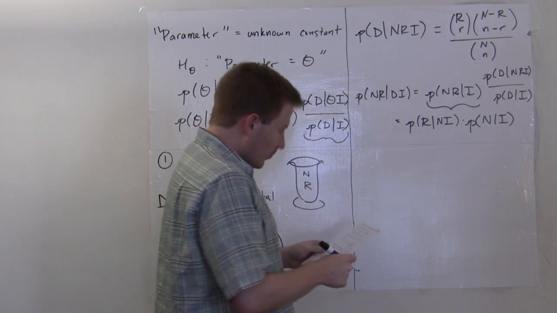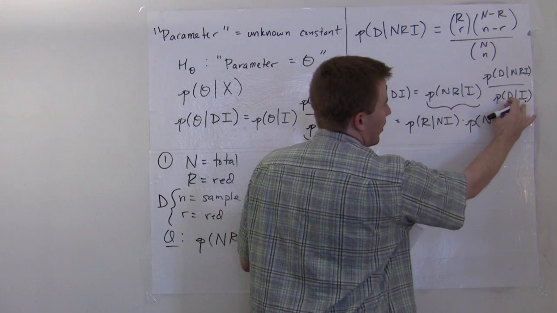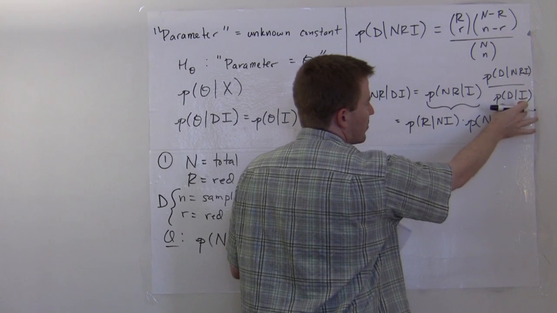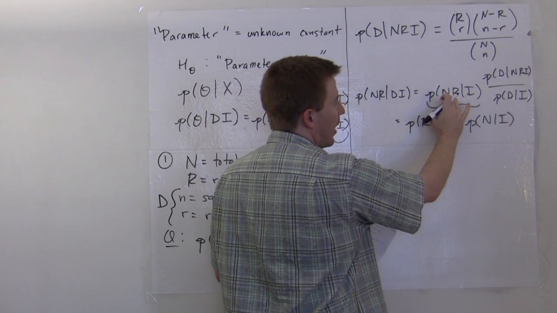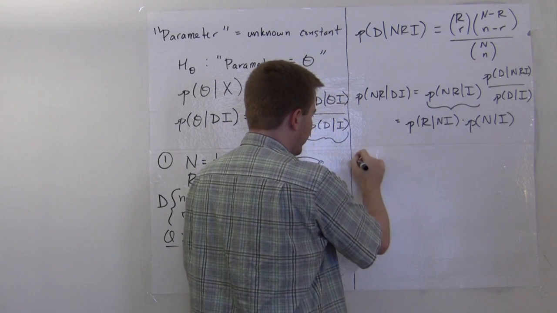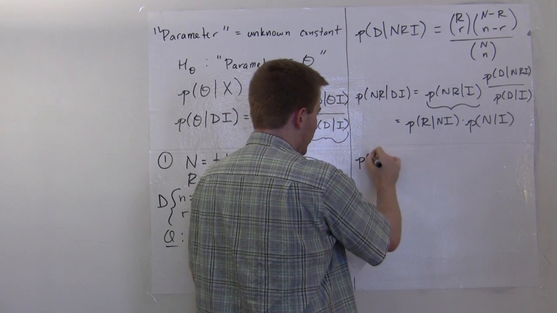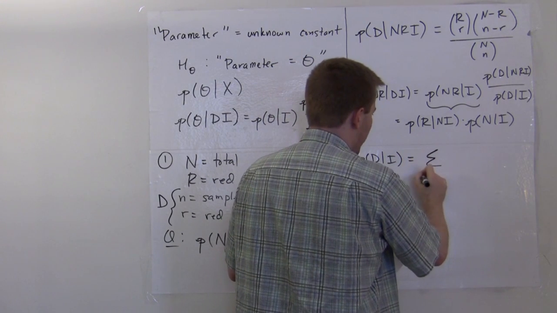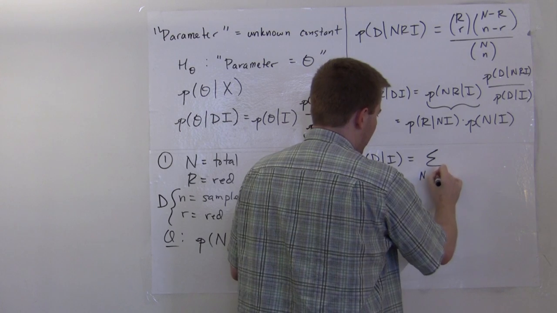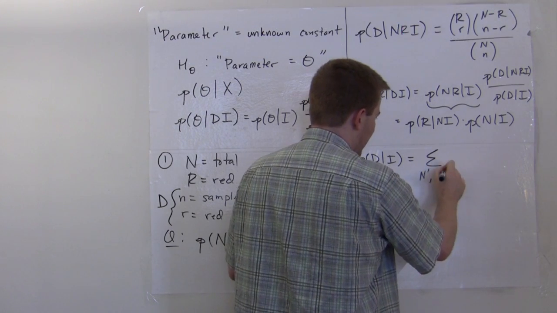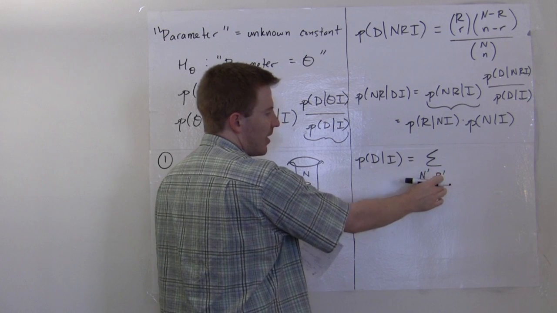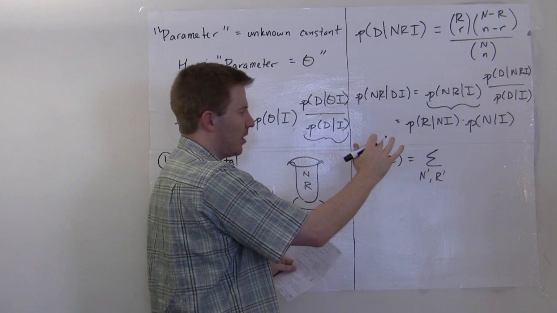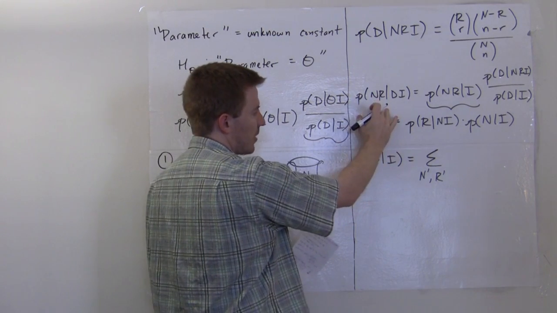Similarly, if we want to attack the denominator term here, we're going to decompose that into a sum over all possible pairs of these parameters n and r. So we'll say this is the sum over all possible n and r, and I'm going to use prime notation just to indicate the indexing variable for the sum, whereas n and r are the particular values that we're interested in doing a hypothesis or posterior probability assignment to.